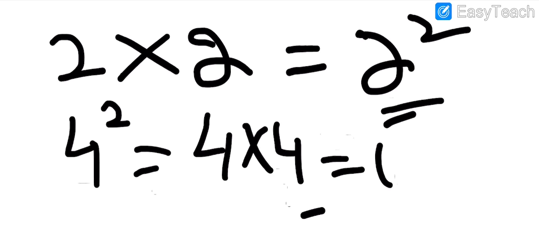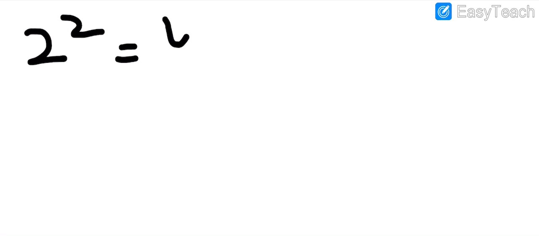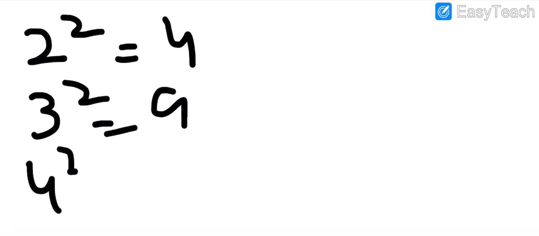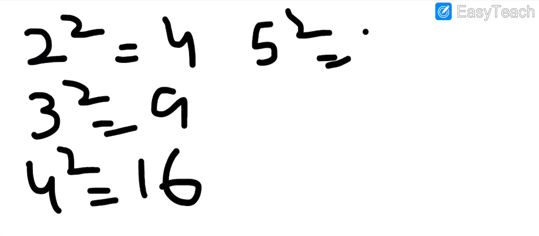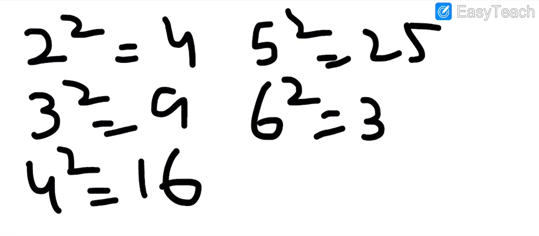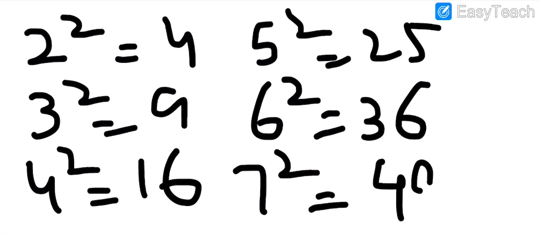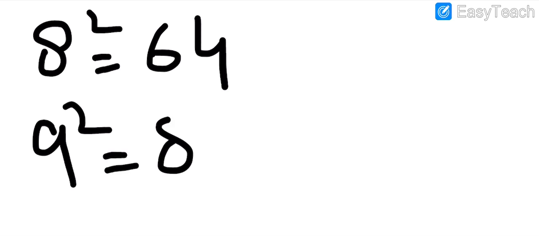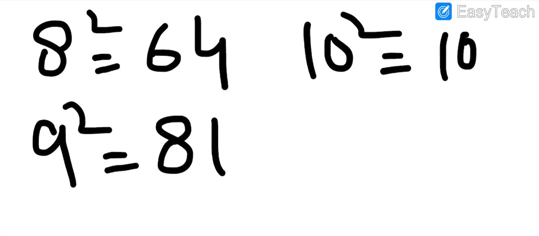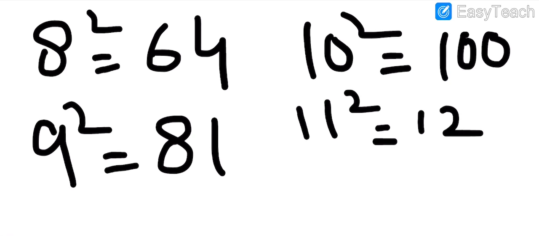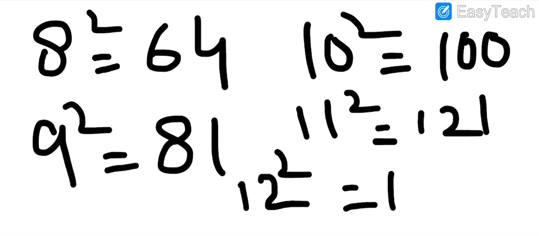I'll be writing a few squares for you, and I would request you to please memorize them, because most of the time if you have the square numbers in your mind, it's easier to solve the question. 2 square is 4, 3 square is 9, 4 square is 16, 5 square is 25, 6 square is 36, 7 square is 49, 8 square is 64, 9 square is 81, 10 square is 100, 11 square is 121, 12 square is 144, and so on.